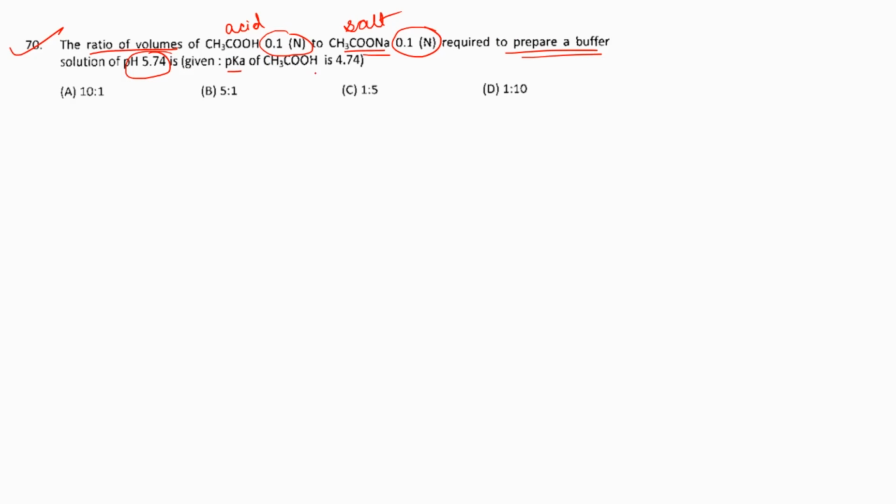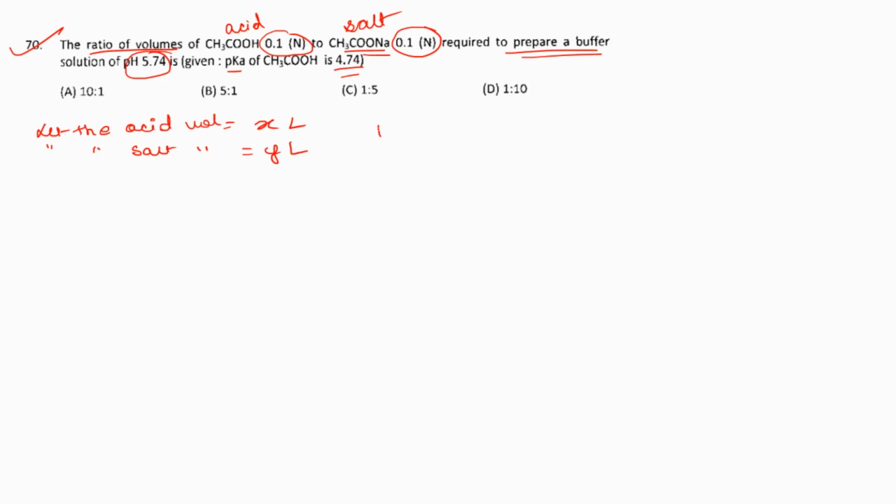My pKa value of the acid is 4.74. So I need to find the ratio of volume. Let the volume occupied by the acid be x liters, and let the volume occupied by the salt be y liters.